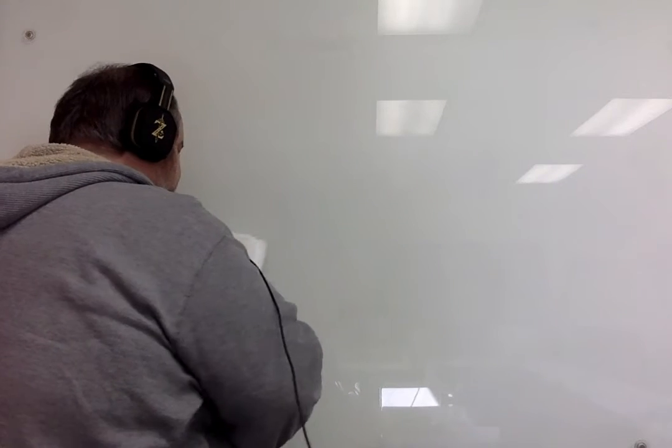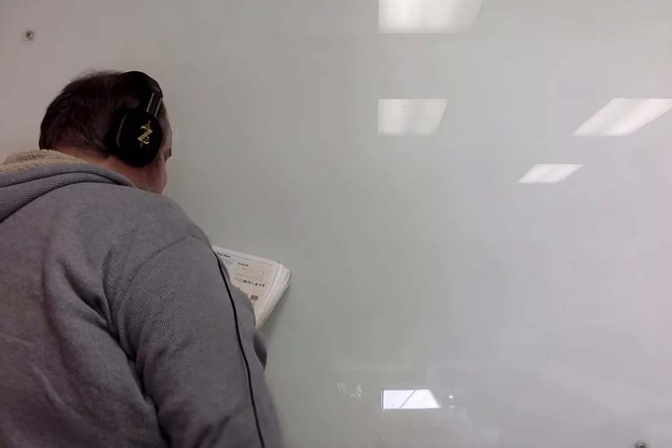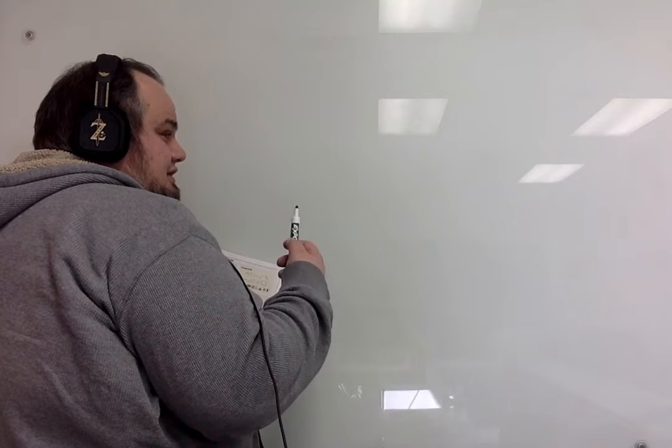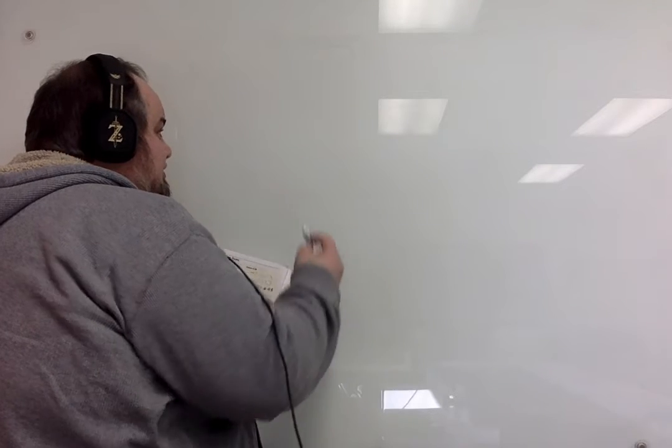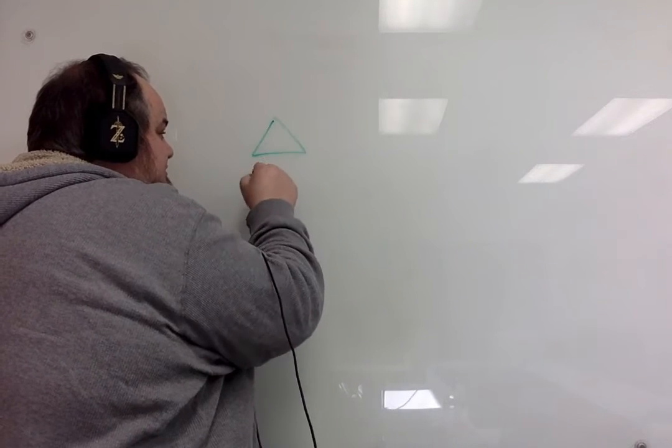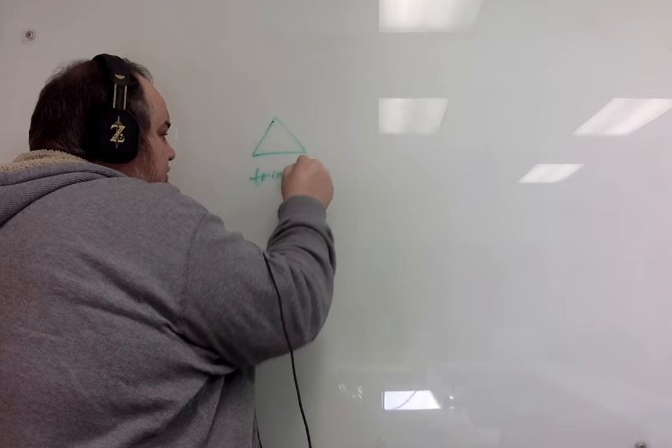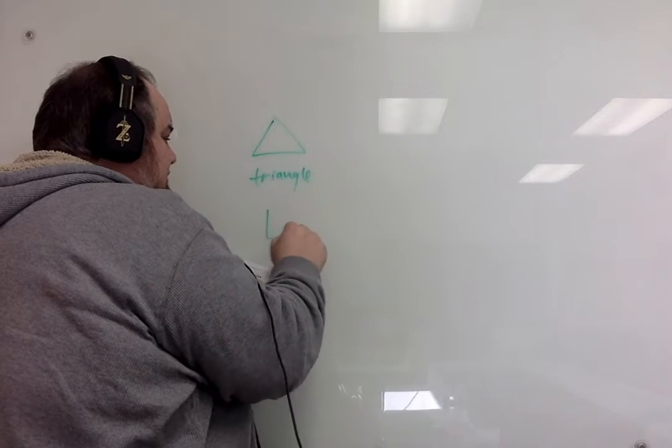So there's several different types of shapes that we're going to talk about. We can name shapes by their number of sides, and then we can name them in a couple different ways as well. So we have a triangle, that's three sides. We have a quadrilateral, quad means four.